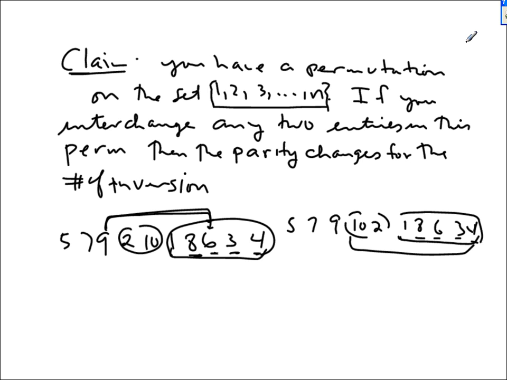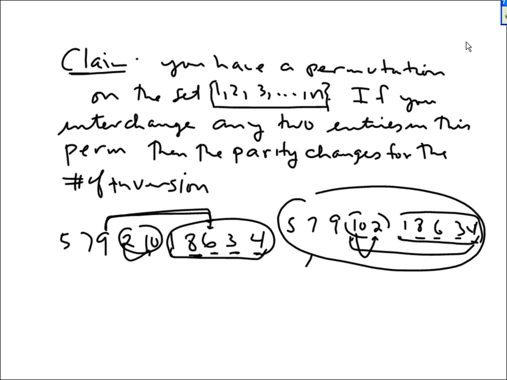The only thing that changed is here we don't have an inversion with the 2 before the 10 because 2 is not bigger than 10. Here we do have an inversion. We had one more inversion. If we went from this one to that one, here we had an inversion and now we don't.